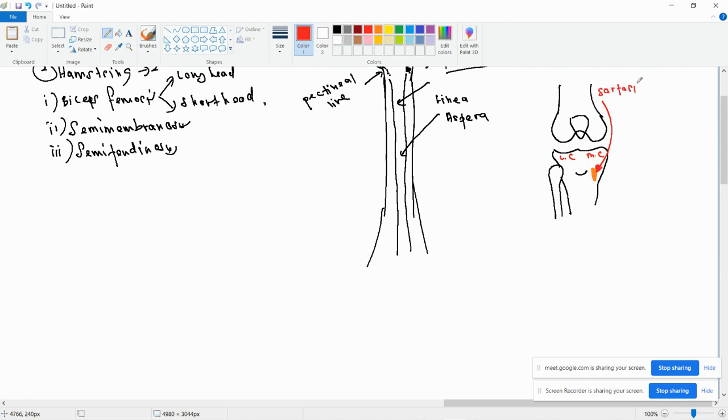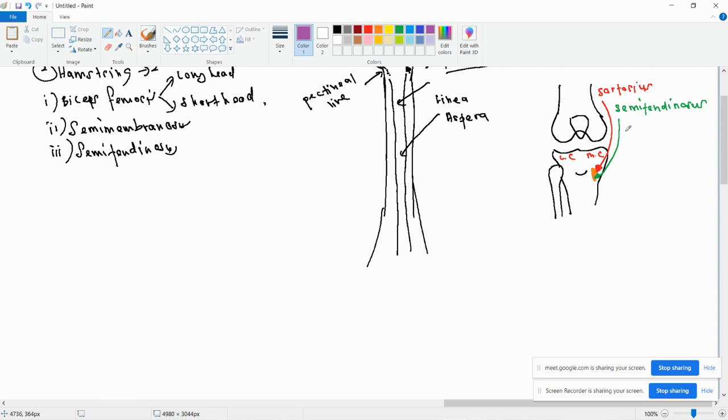Understood? Sartorius. The second muscle attached into the inferior surface of the medial condyle of the tibia is the semitendinosus. The third muscle, which we will describe after this in the adductor group, is the third muscle in the adductor group, right?